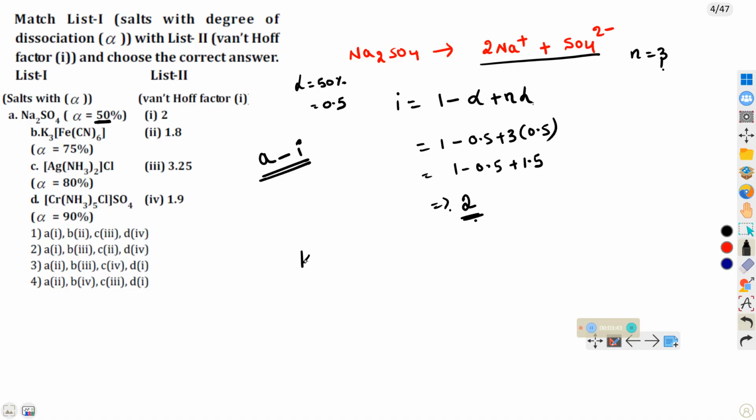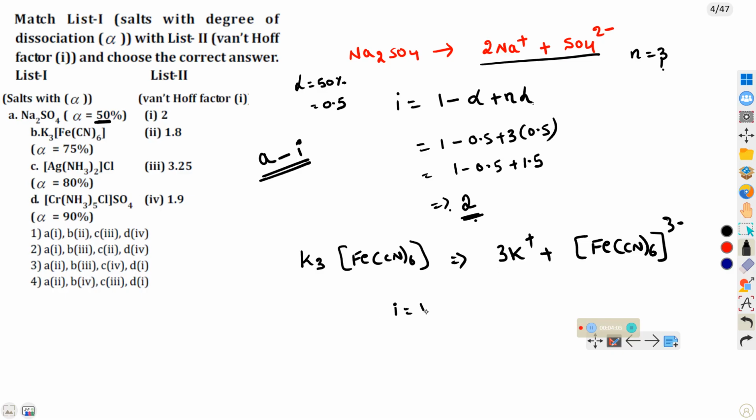Now K3Fe(CN)6 is given. K3Fe(CN)6 dissociates to give 3K+ ions and Fe(CN)6 3-. For dissociation, what is the formula? i is equal to 1 minus alpha plus n alpha. Here 3 cations, 1 anion, total number is 4. n value is equal to 4.